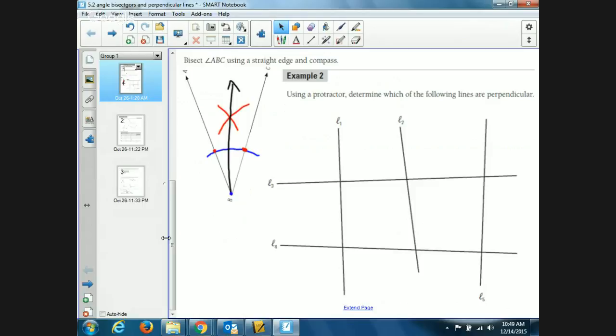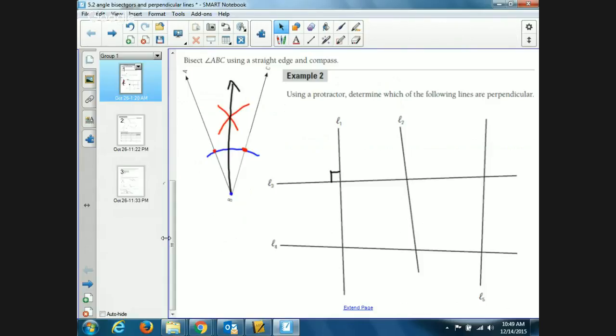Then, try that out. Lastly, use a protractor. Determine which of the following lines are perpendicular. Take a protractor. I'll give you a few seconds. Pause the video. Okay, after you check them all out, you should find that you got this being perpendicular.